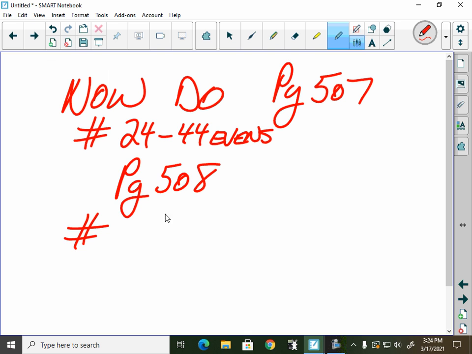Page 508. Okay, all of these, I think you don't need a calculator for. Well, no, I need to assign one of those.